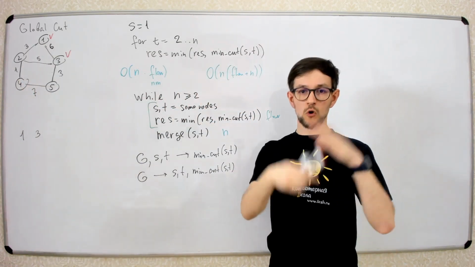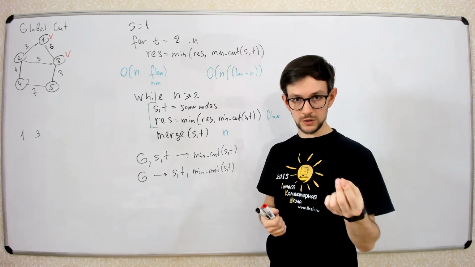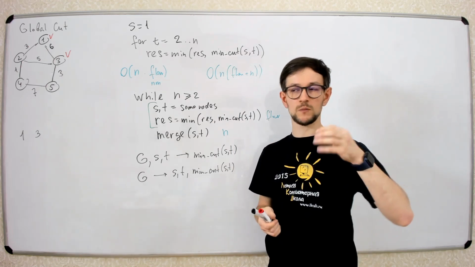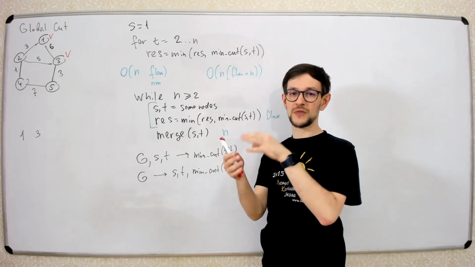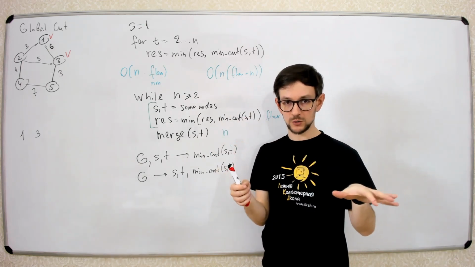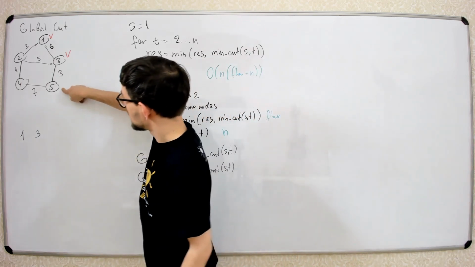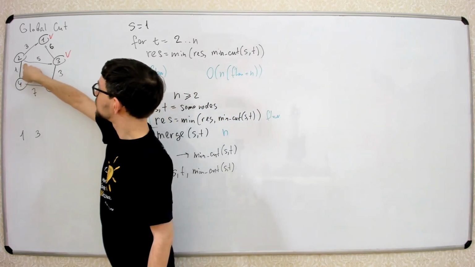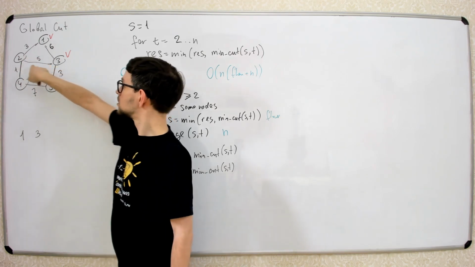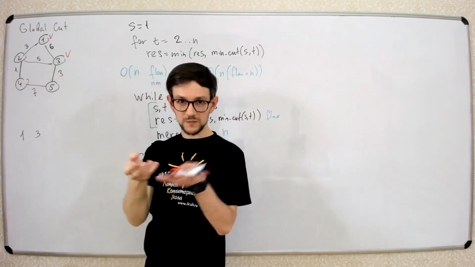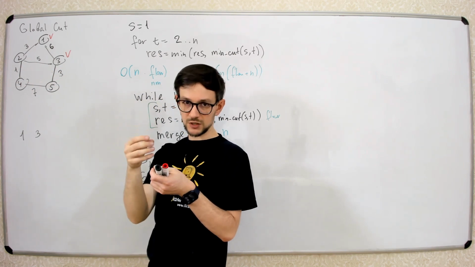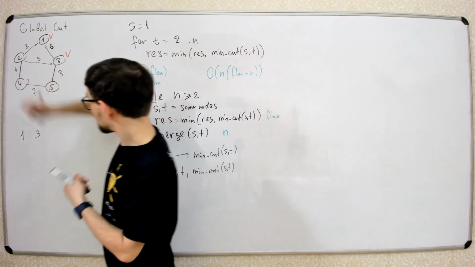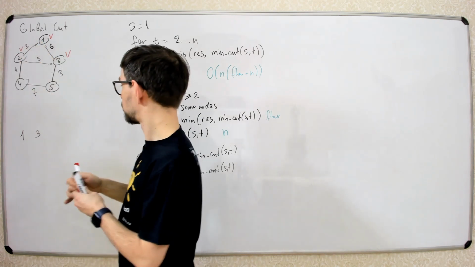Now again, from all nodes, we select a node which has the maximal total weight of the edges from this node to all previously marked nodes. So for this node, the sum is 3. For this node it is 0. For this node it is 3 plus 5. So this node has the maximal total weight of the edges. So we select this node 2, mark it, and put it here.